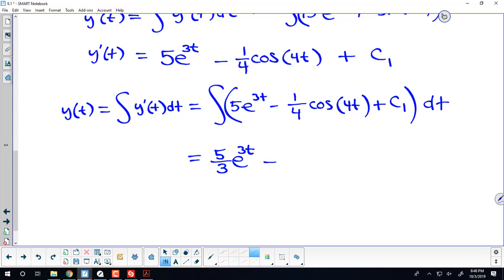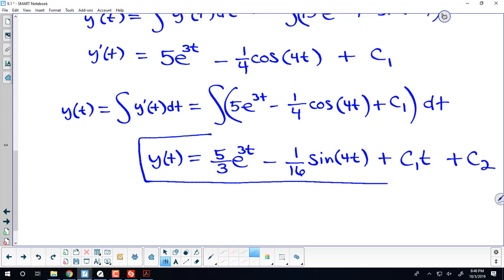What's the antiderivative of minus 1/4 cosine of 4t? Sine 4t times, what was it? Yeah, 1 over 16, plus C1 times t plus another constant. So that's the general solution.